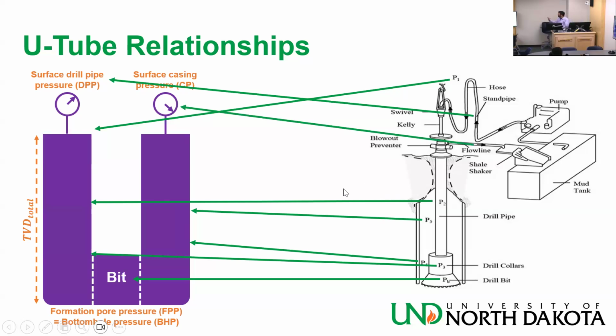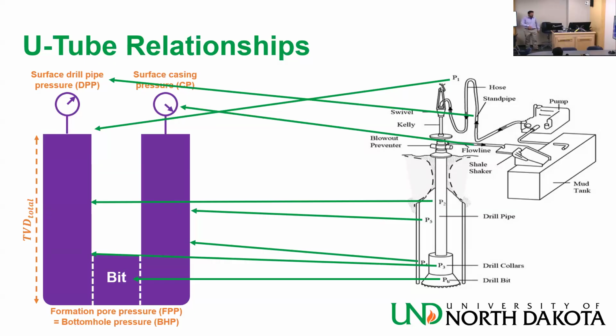Anyway, then you come back up, and the pressure at the surface should be atmospheric pressure. Now, how do you get from here to here? You use an incline. Yeah, use gravity. Exactly. Very nice. Use gravity to get there.